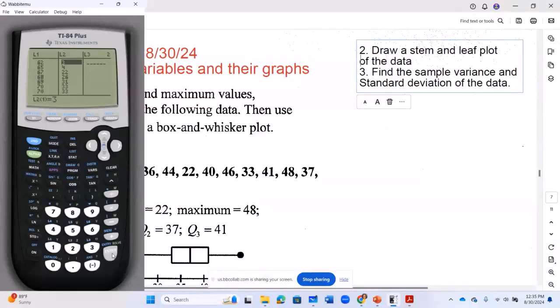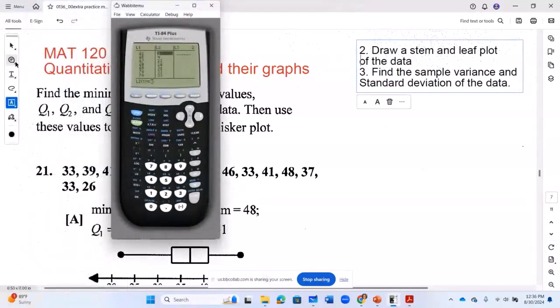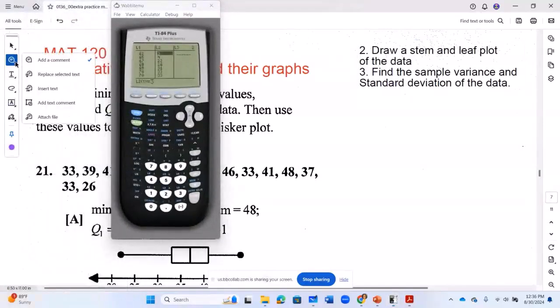All right, because I'm actually told to do a stem and leaf plot, I might want to start answering this question immediately. So I can quickly go to the board and start doing a stem and leaf plot.